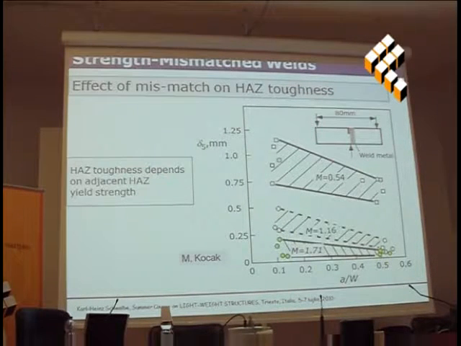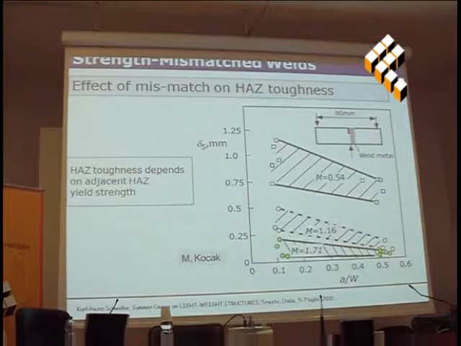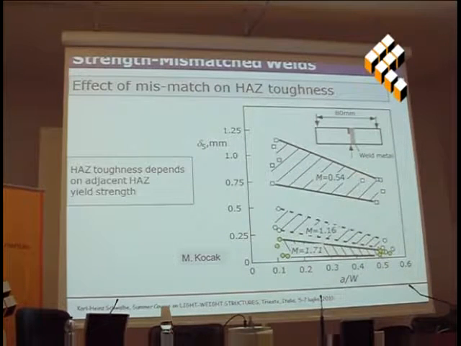I'm explaining these symbols in a moment. So in this case, the weld metal had a yield strength which was only 54% of that of the base plate. Here it was almost even matched, and here you see that the weld metal had a yield strength that was higher by 70% than that of the base plate.